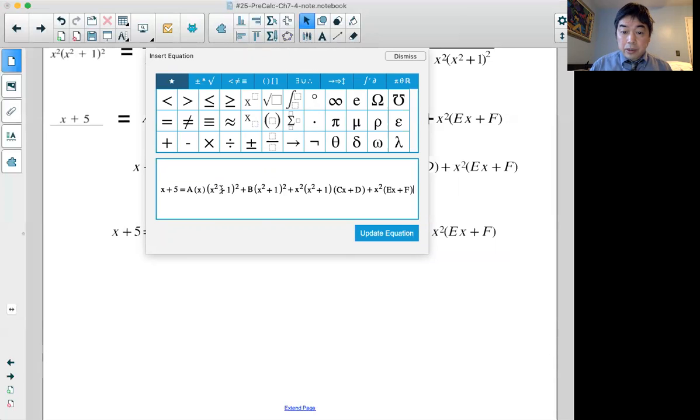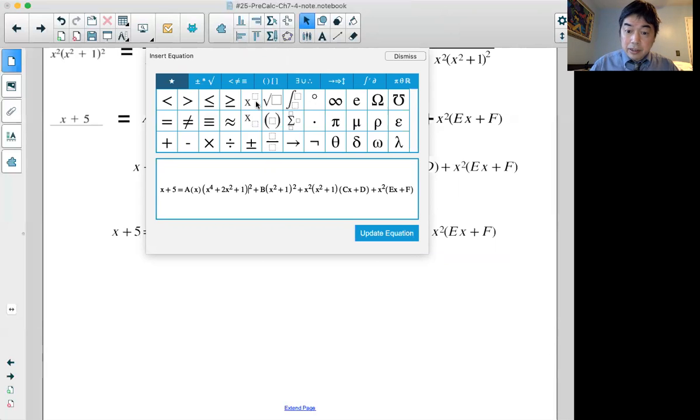So this is x squared, x to the fourth power, right? So x to the fourth power plus x squared, because it was 2x squared actually, and times 1.